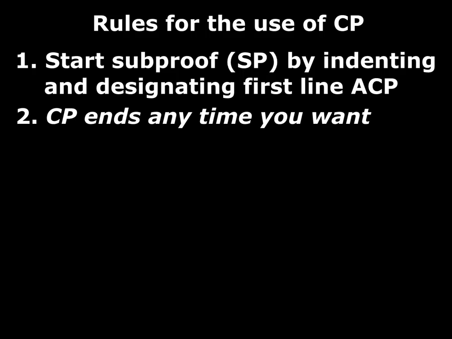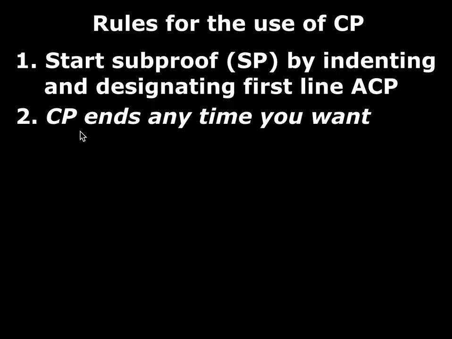Second rule. The conditional proof ends anytime you want it to end. Now, what do I mean by this? Well, you'll see in chapter 4 when we get to indirect proof, that's the second of the two proof strategies. It also starts with a subproof where you make an assumption, but there's a very specific thing you need to derive before you can end an indirect proof.